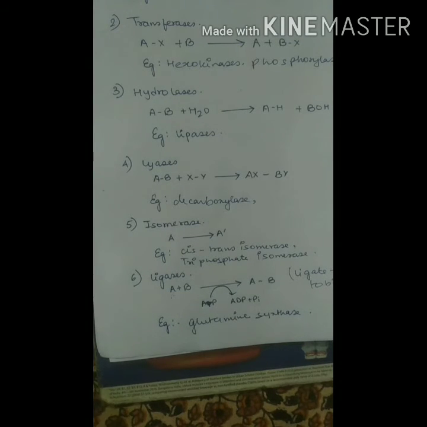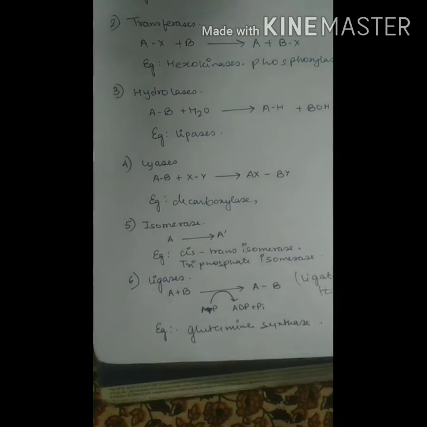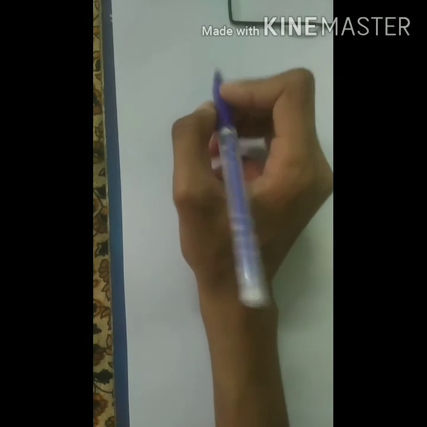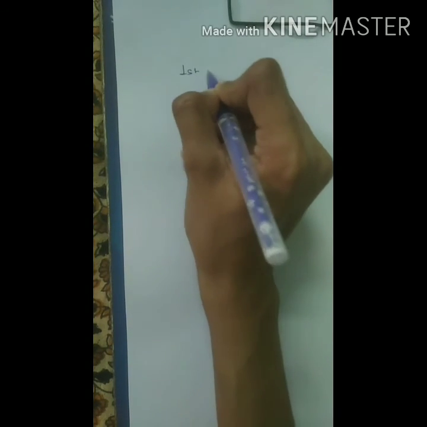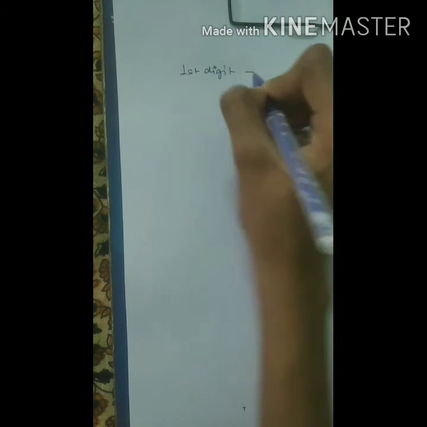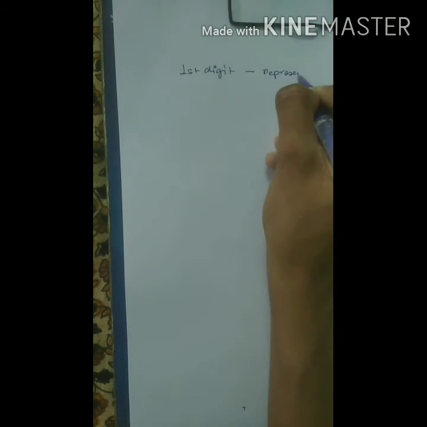According to the Enzyme Commission, a 4-digit enzyme commission number is assigned to each enzyme. Now the first digit represents the class.